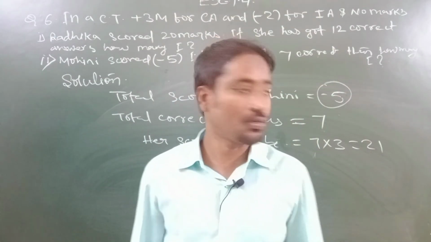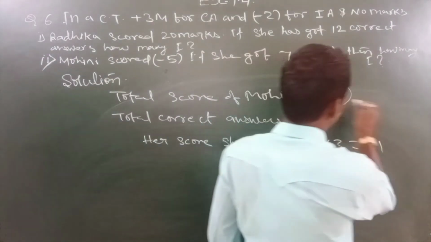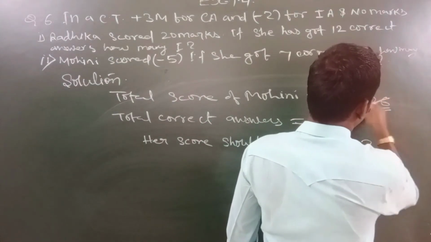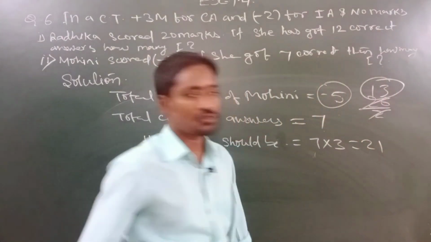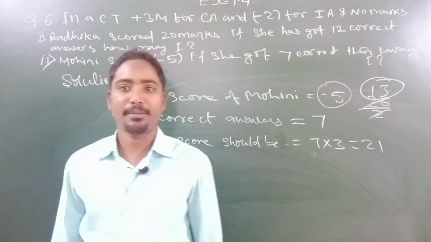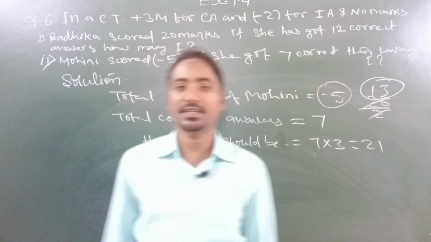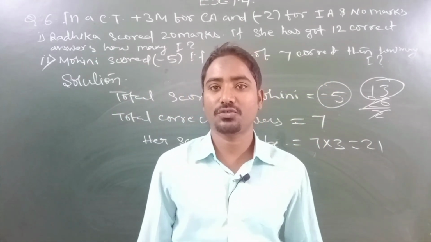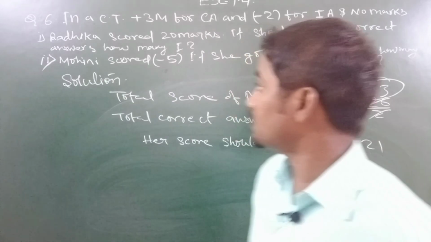That is 26 divided by 2, which is 13. So the total number of incorrect answers given by Mohini is 13.